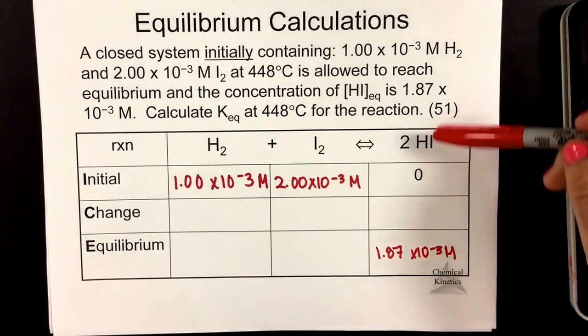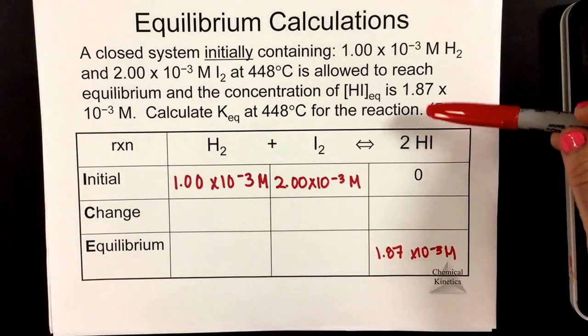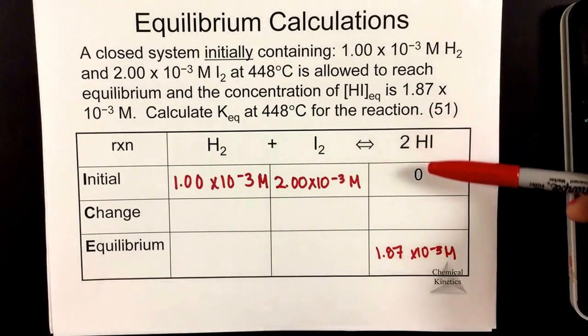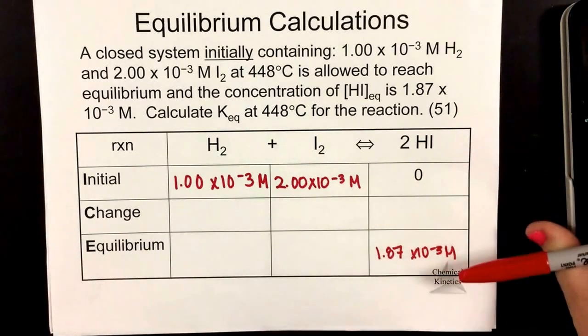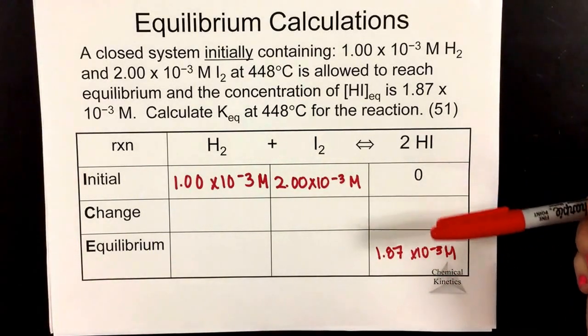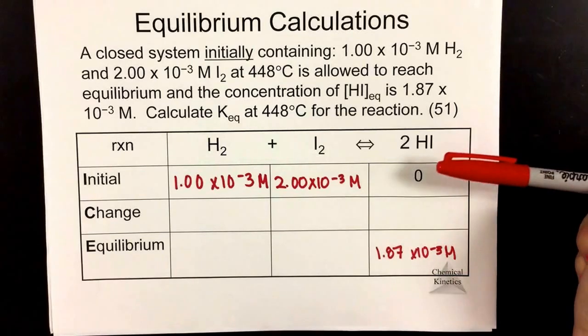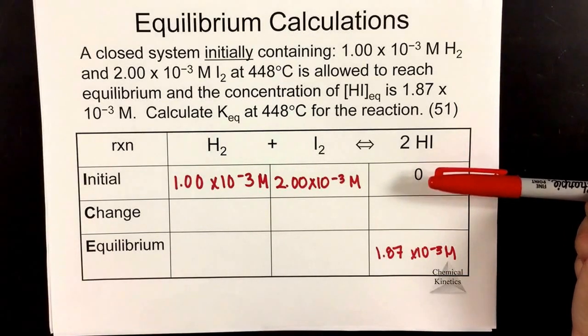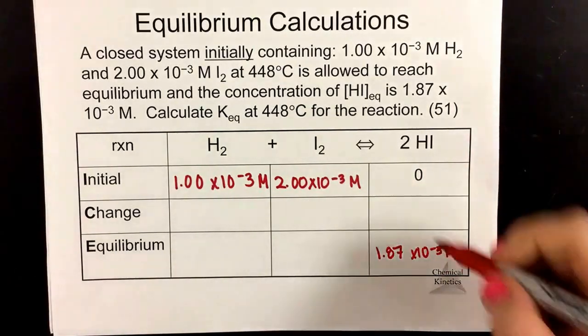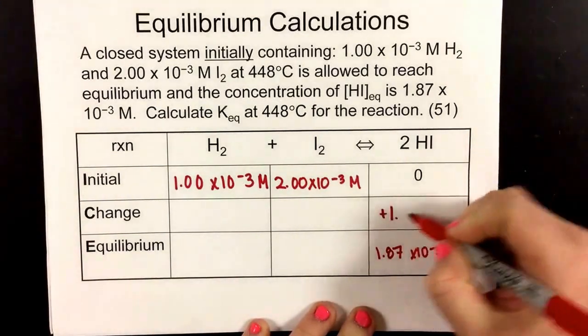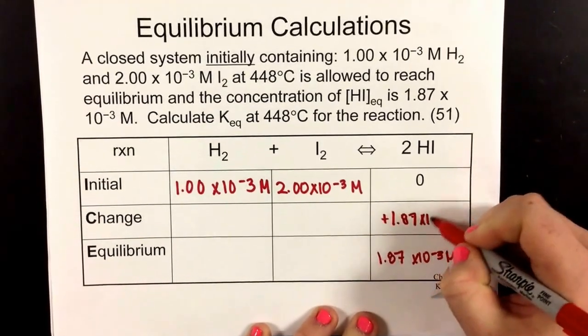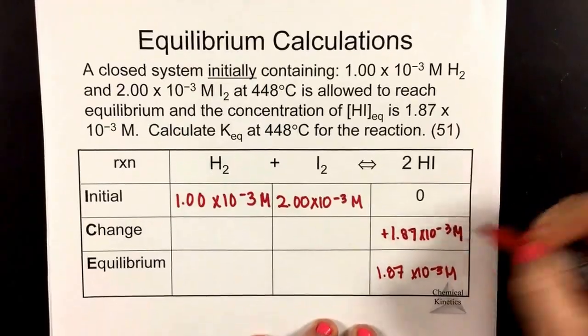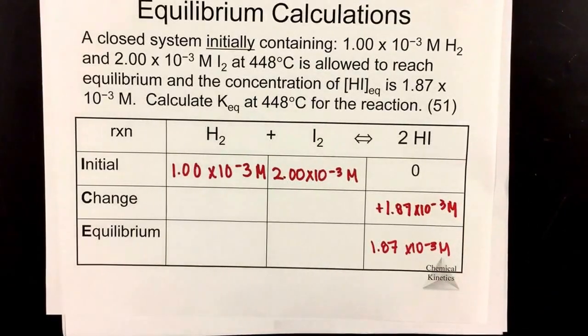The information that you know in this problem is that you have no HI to begin with, but at the end of the reaction, you have 1.87 times 10 to the negative third molar. So you're able to calculate the change, because you know you gain 1.87 times 10 to the negative third molar of HI throughout the reaction.